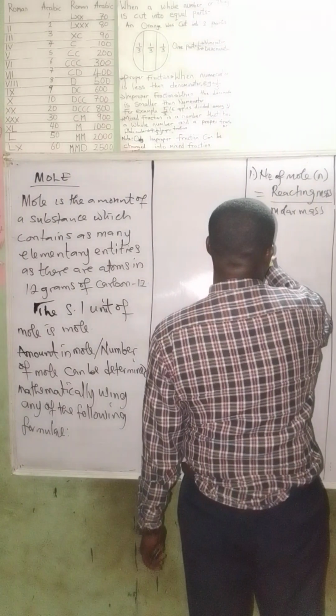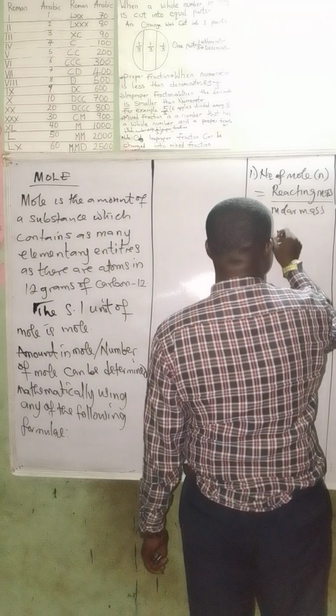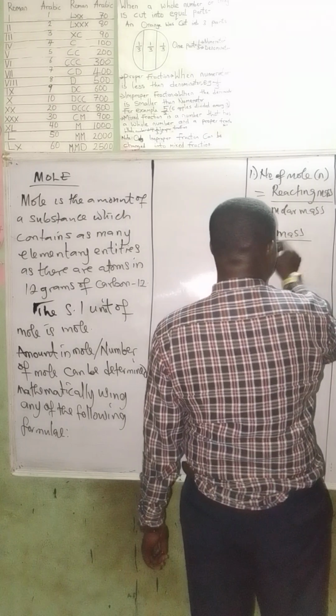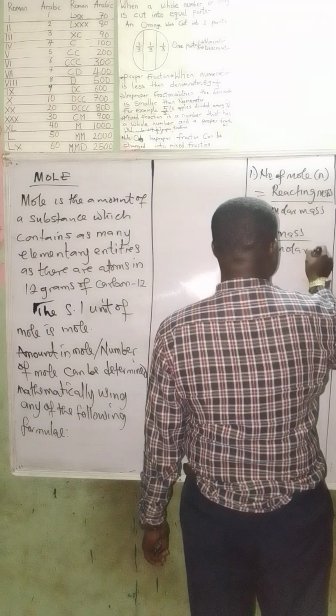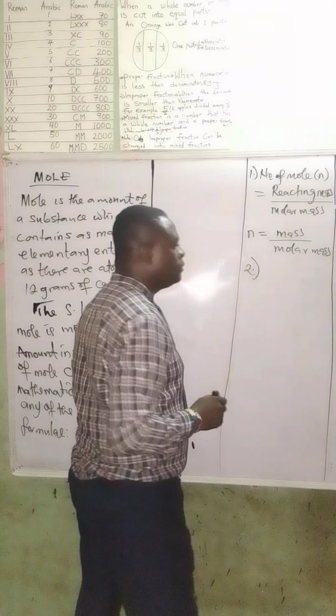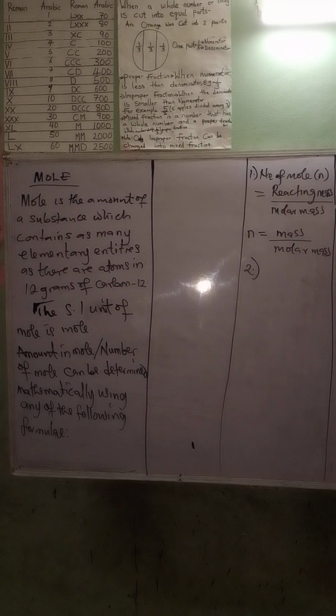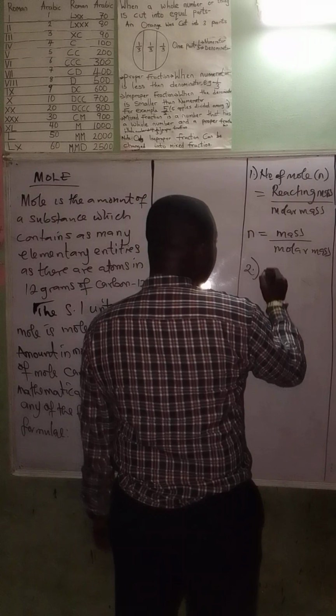Or better still, number of mole equals mass over molar mass. That's number 1. Number 2, we can have number of mole.